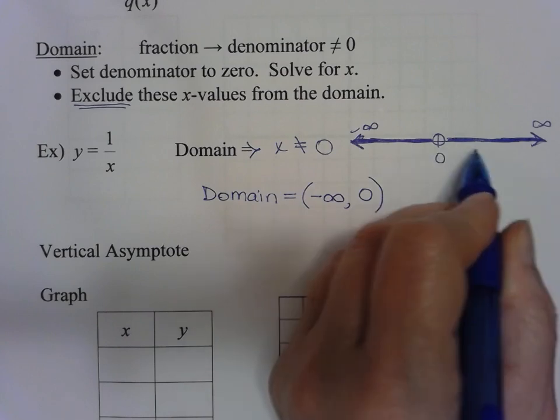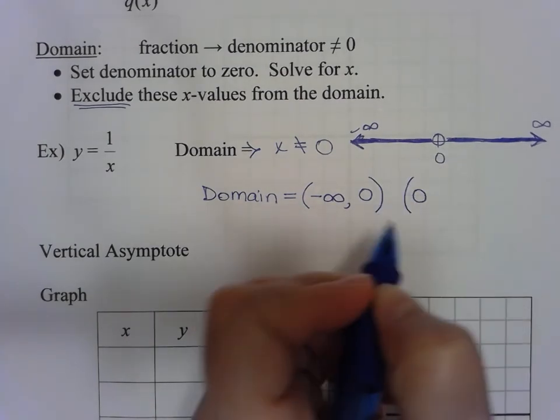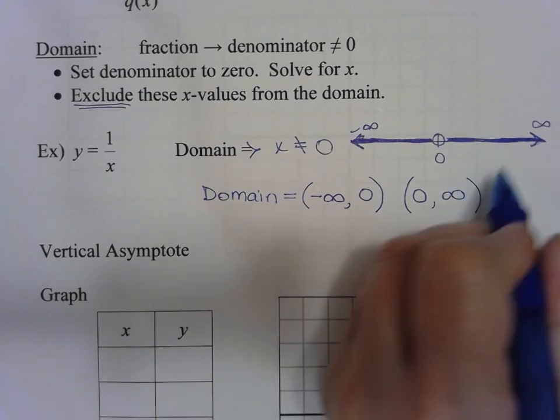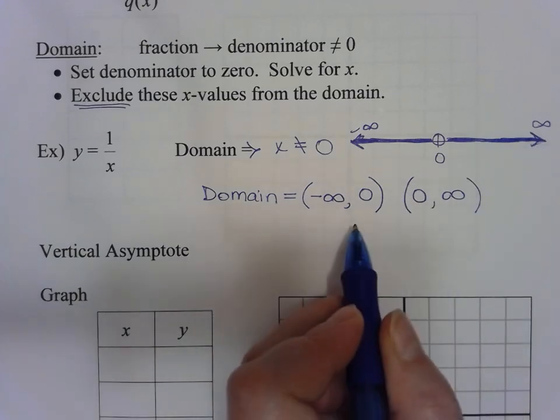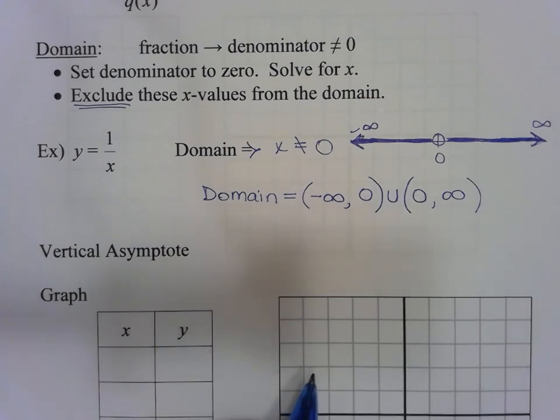And then on the right-hand side, I'm going to pick up just after 0, infinitely close to 0, and then go all the way on the right to infinity. Anytime I break up the interval notation into more than one part, I'm going to put the union in the middle. All right, so that's my domain.